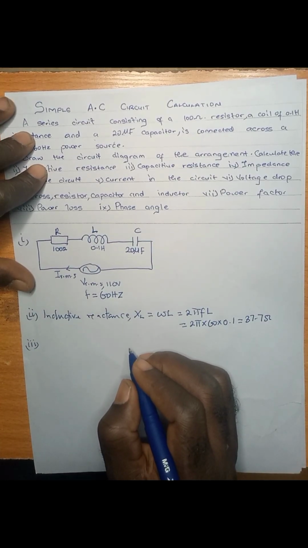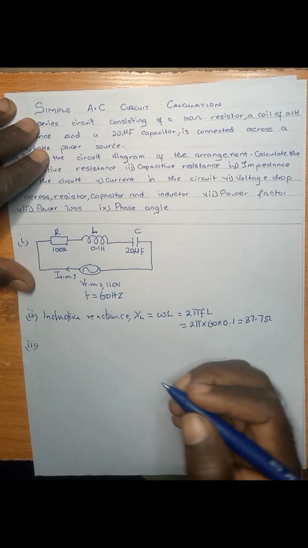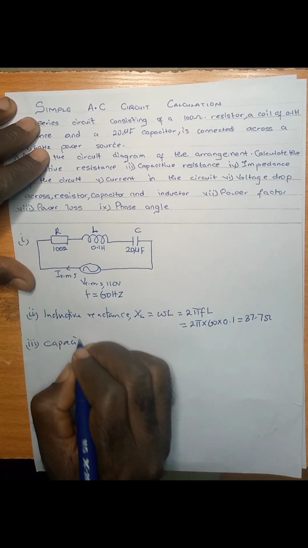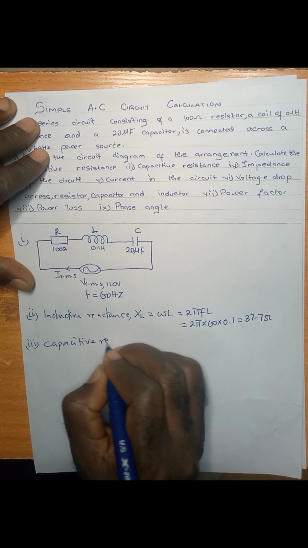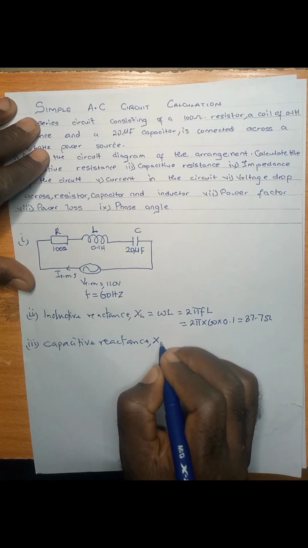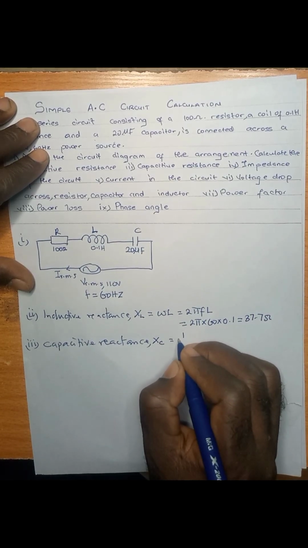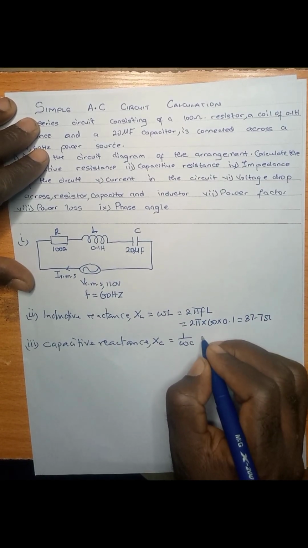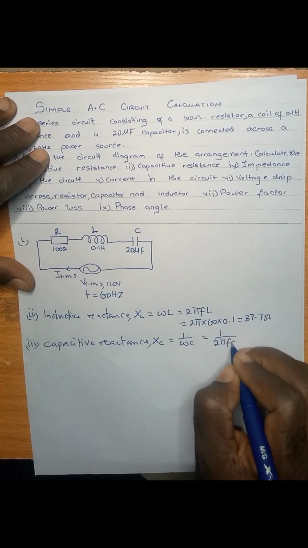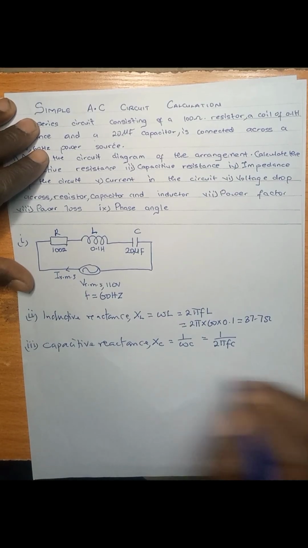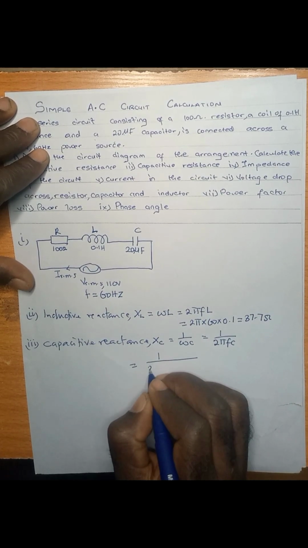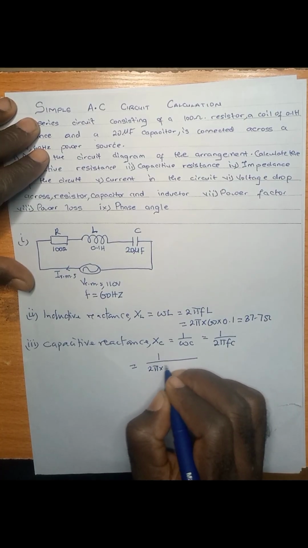Then the third question says that we should calculate the capacitive reactance or reactance of the capacitor. Capacitive reactance, which is X subscript C, is 1 over omega C, which will be 1 over 2 pi FC. When we substitute our values, we have 1 over 2 pi, F is 60.